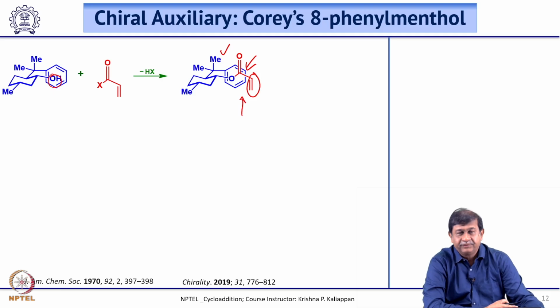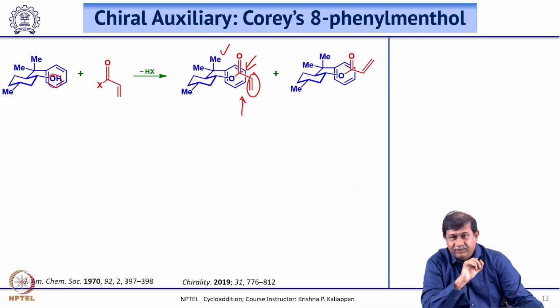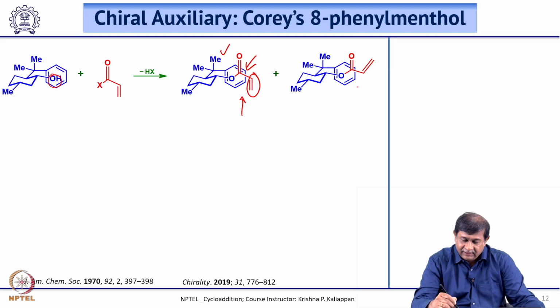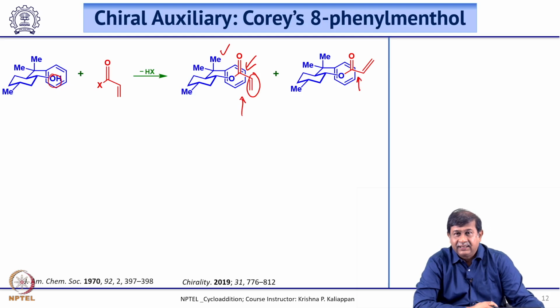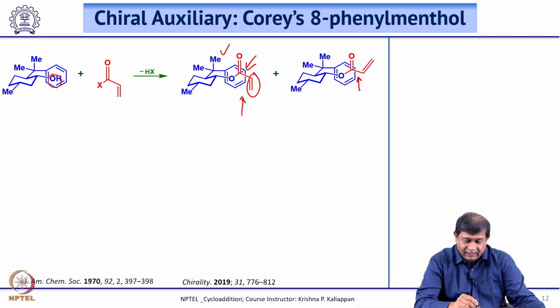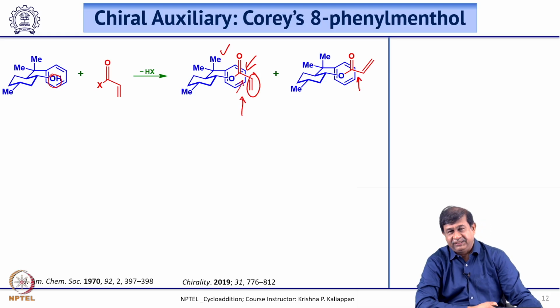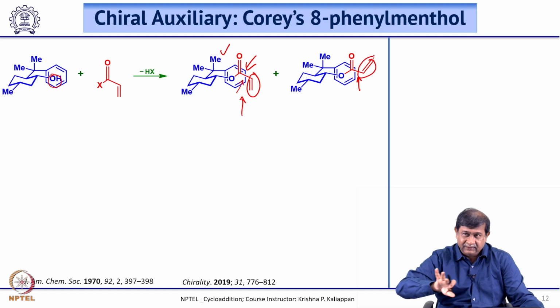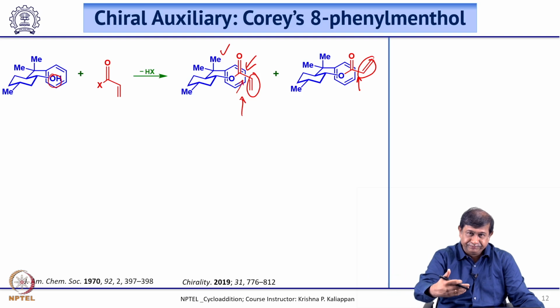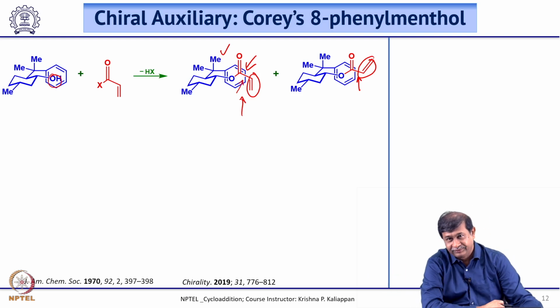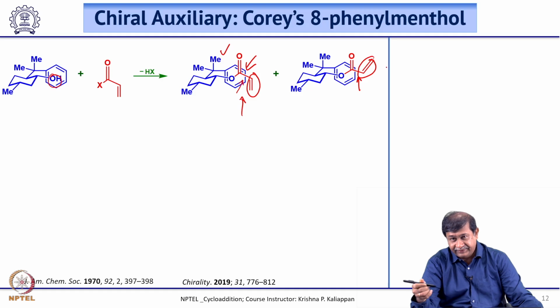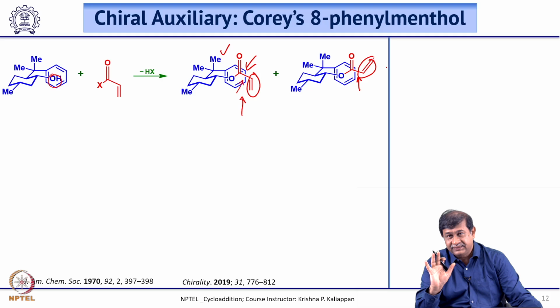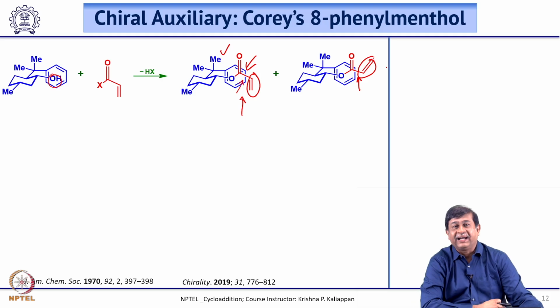Next, this dienophile can exist in S-cis conformation as well as S-trans conformation. If it is in S-cis conformation, this double bond is coming out of the phenyl group in the background. So in the case of S-cis, there is a likely possibility that the diene can approach from the front side as well as from the back side.